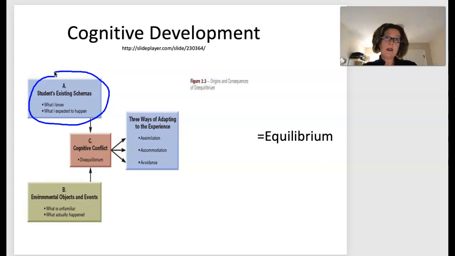Then the teacher, Mr. Nice, presents a poem that is long, doesn't rhyme, and is about a current social issue. So Hugh, our high school student, will experience some disequilibrium because Hugh believes that poetry is only short, rhyming, and about love.